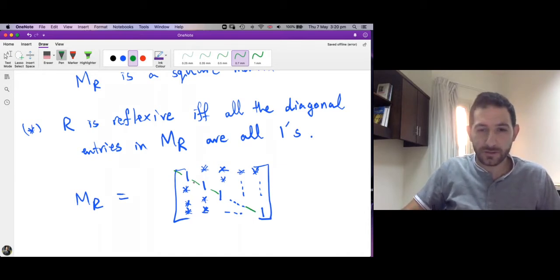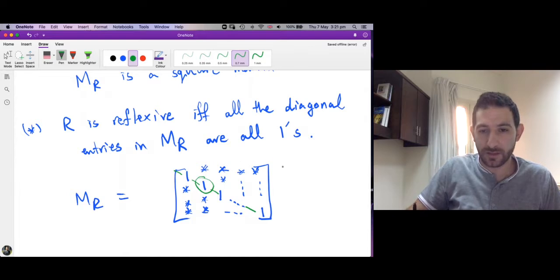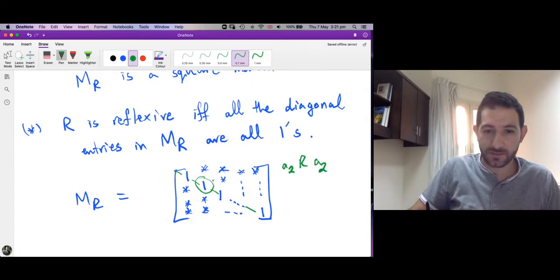Why is this? Because what does it mean that we have 1 here? It means that A2 is related to A2. This one is M22 and it's equal to 1.